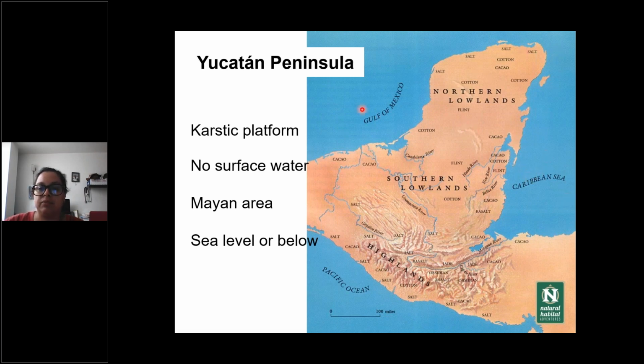With the movements of the tectonic plates and the changes in the sea level, it came out of the ocean, but it's now what we call a karstic platform. A karstic platform is a soil that is made out mostly of limestone and seashell, coralline bed.